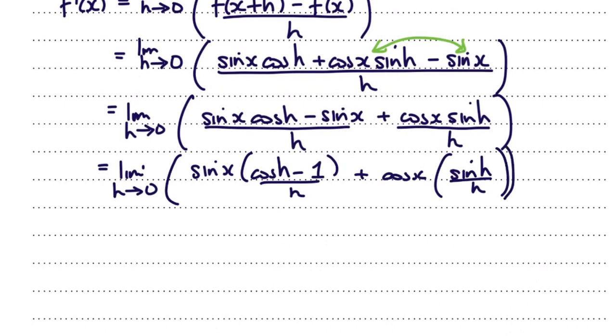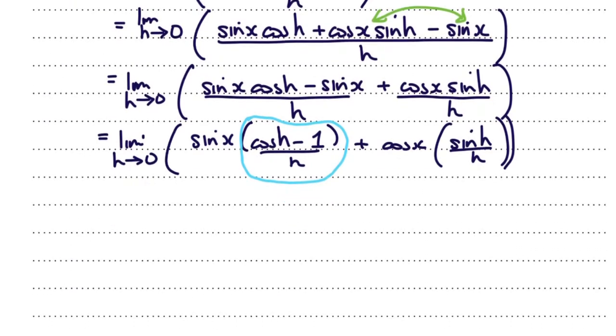Now, remember what the assumptions said. Cos h minus 1 over h tends to 0 as h tends to 0. So any term multiplied by that will also tend to 0.